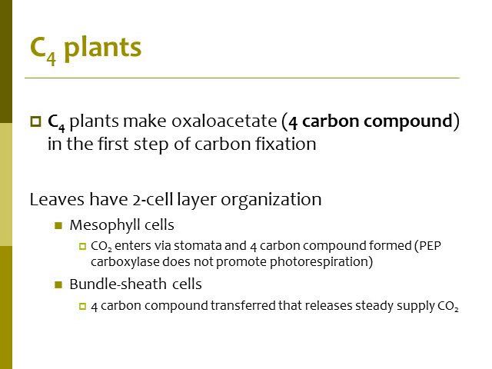So you want to fix the carbon dioxide into a 4 carbon compound. That 4 carbon compound then moves into another type of cell called the bundle sheath cell. So our 4 carbon compound is transferred into the bundle sheath cell. It releases that carbon dioxide molecule and allows it to attach onto the RuBP.